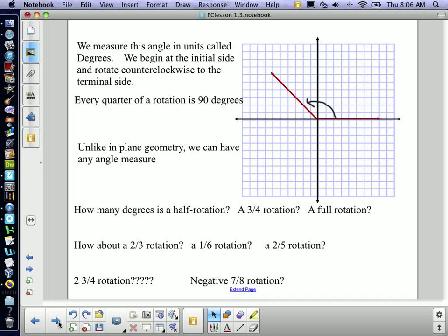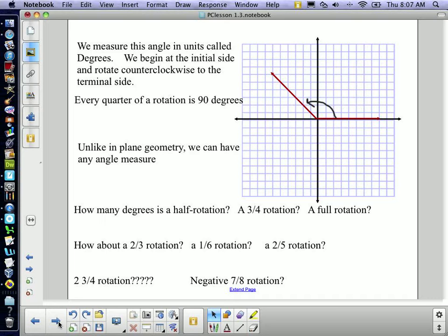We have different measurement systems we can use. You can measure length in inches or in centimeters, right? You can measure volume in quarts or liters. We're used to the idea of working with different measurement systems, just not with angles. But the time is going to come very soon where we have to.